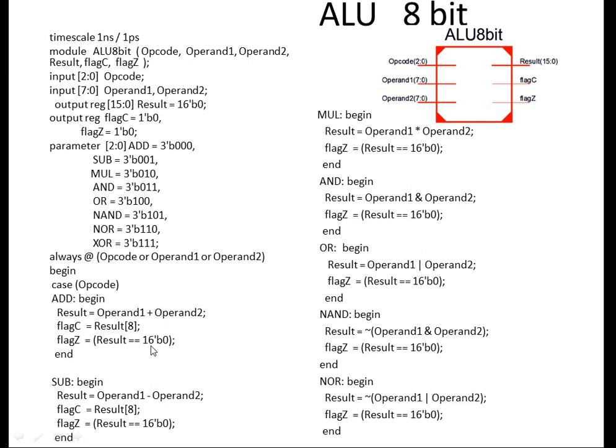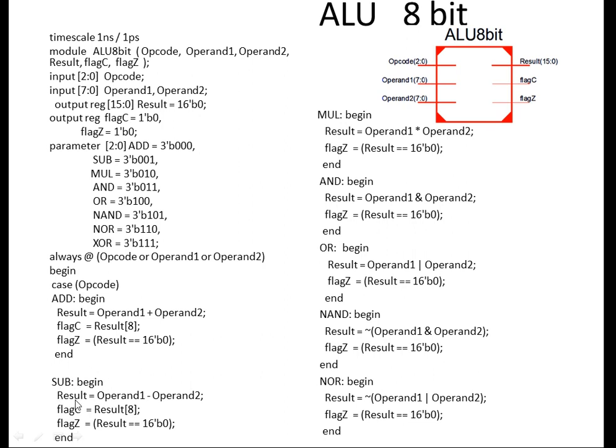Similarly, if the result is 0, that means all 16 bits of the result are zeros, then make the zero flag 1. So this will become 1 when the result is equal to 0. These 2 flags are the carry and zero.